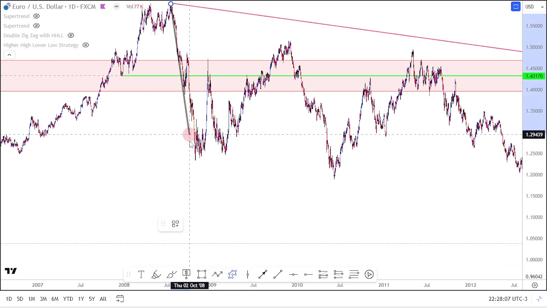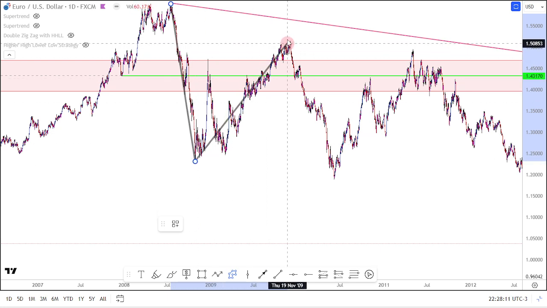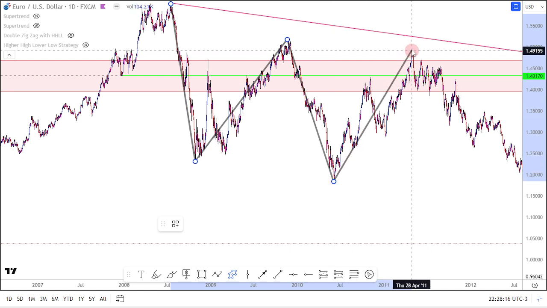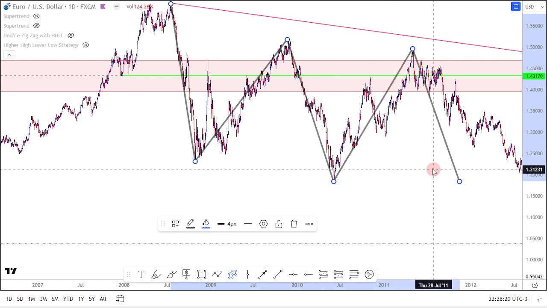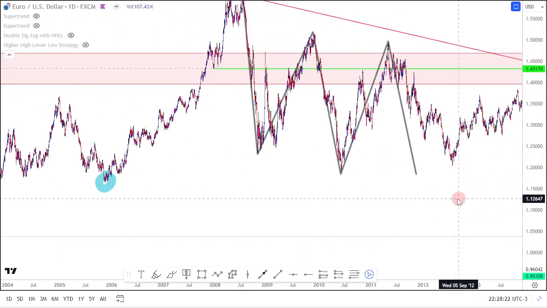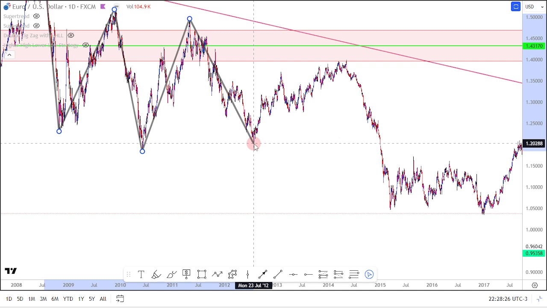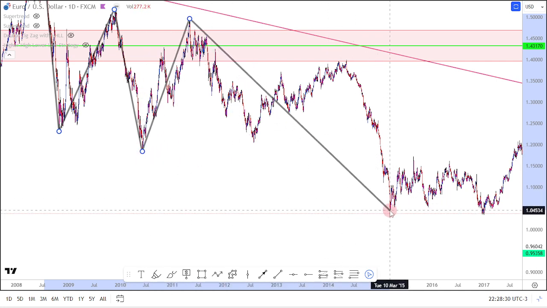Okay, extension, speaking about market structure, retracement, extension, retracement, and we're going to go all the way, and then we have, this is not a low, we need a low that is lower than this low, so we're going to go all the way down here.